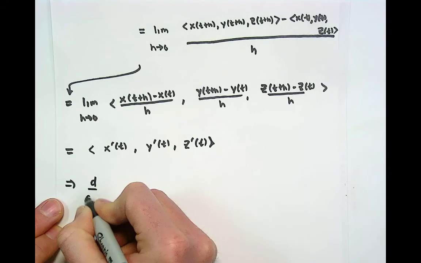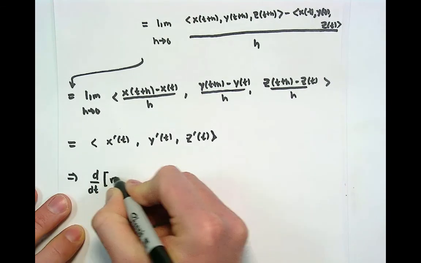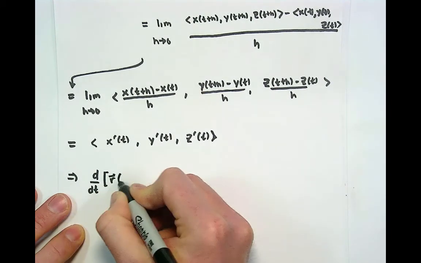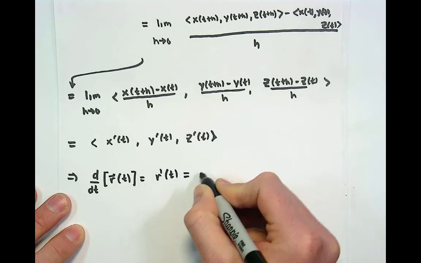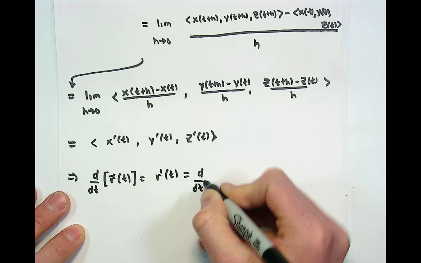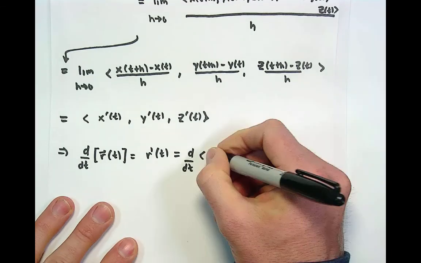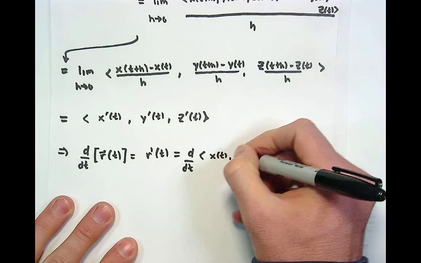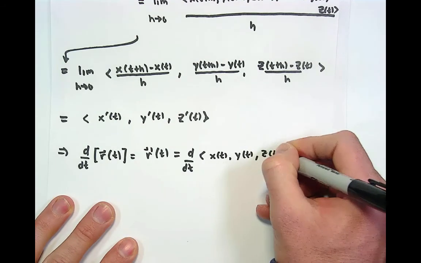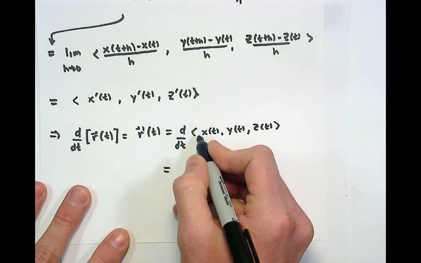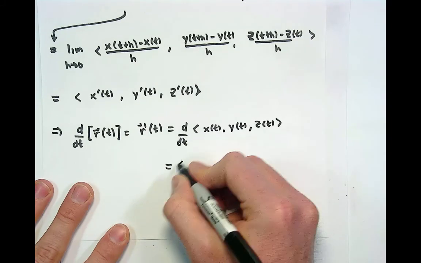Which means when you take the derivative of a vector valued function, so this is the derivative of r of t, which we called r prime of t, it is the derivative of these 3 scalar valued functions. So you call this thing x of t, y of t, z of t, and that derivative comes into the individual components. Can you believe this?